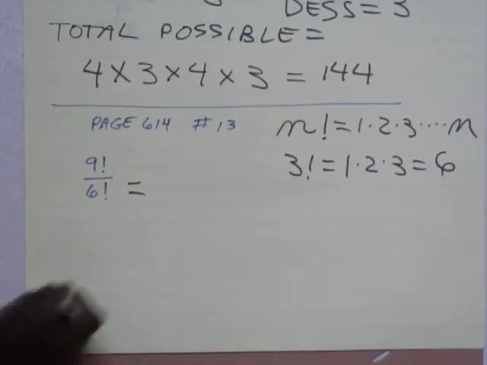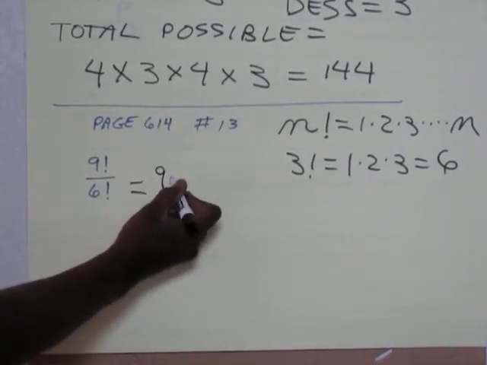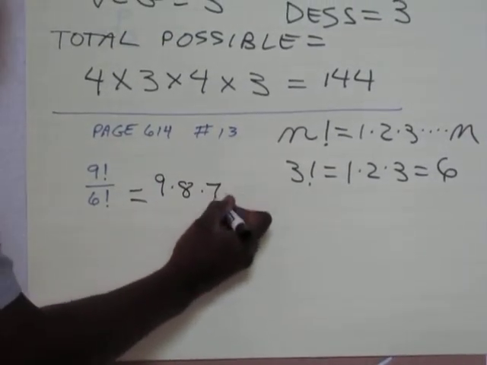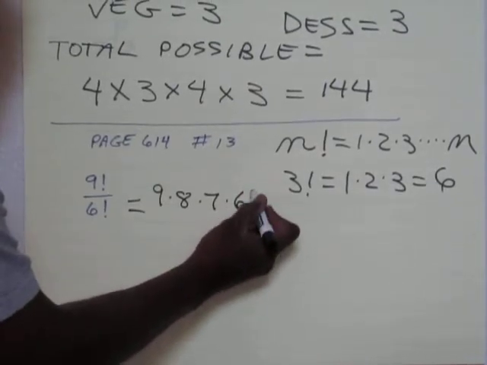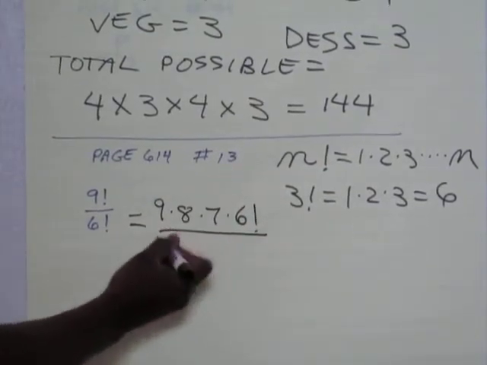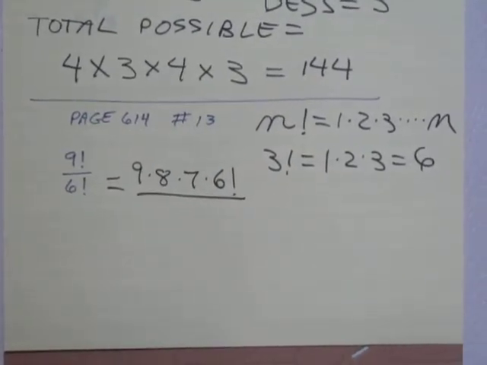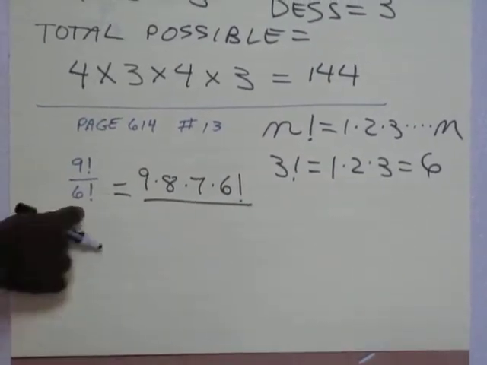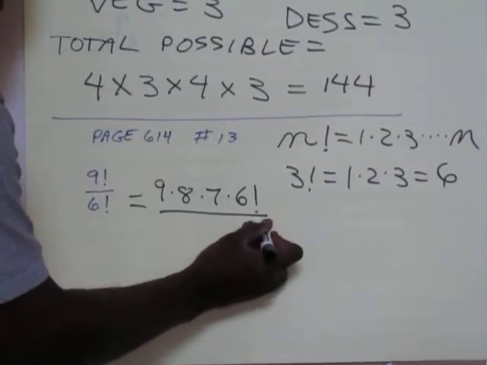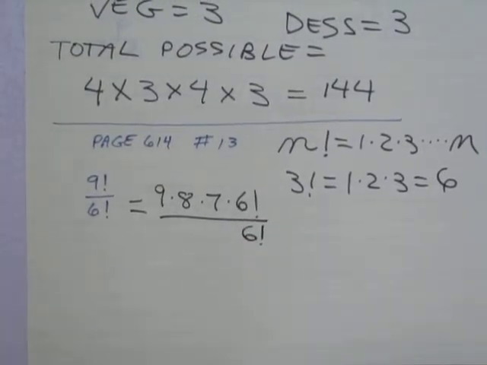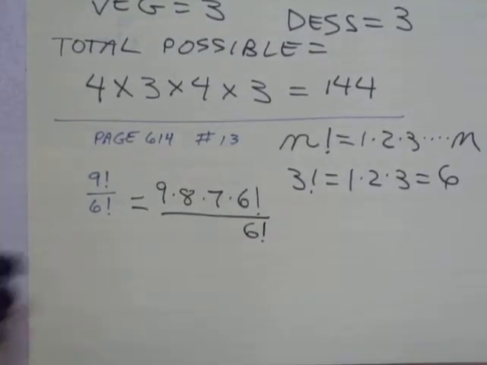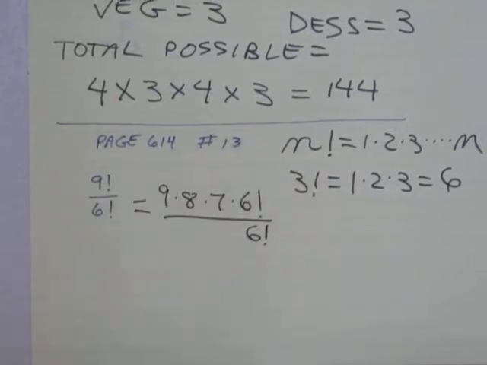If we expand this, this is 9 times 8 times 7 times 6 factorial, because the rest of it is an indicated product. In the denominator, we also have 6 factorial. Now those are factors, 6, 5, 4, 3, 2, 1.